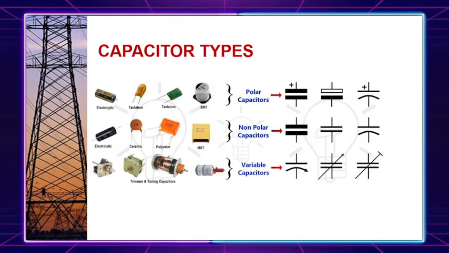Compared to non-polar, which has no polarity, there is no need to consider the negative and positive side of the component. We also have variable capacitors, where good examples are trimmer and tuning capacitors. These are the symbols as well as examples of this passive component.